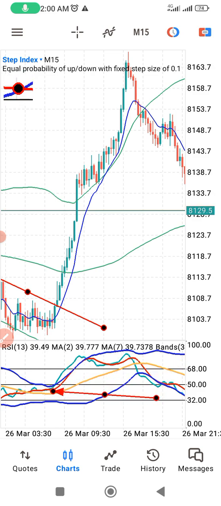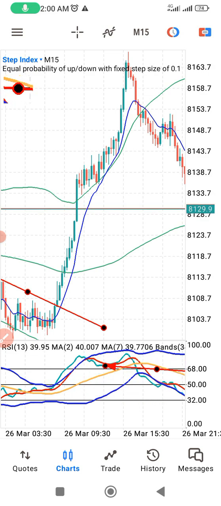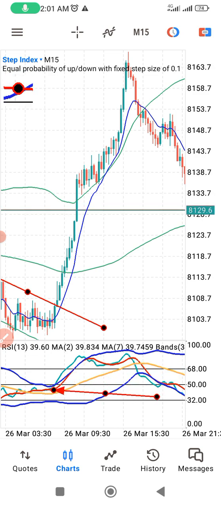Then followed by the red moving average. The red moving average is our signal line. And what does that mean? It gives us either a buy or a sell signal.